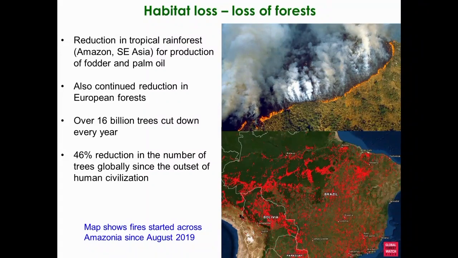And yet we are losing substantial amounts of trees through land use due to agriculture. So it's been estimated about 16 billion trees are being cut down every year. And another estimate is that there's been a 46% loss of trees since the onset of agriculture by human civilization.